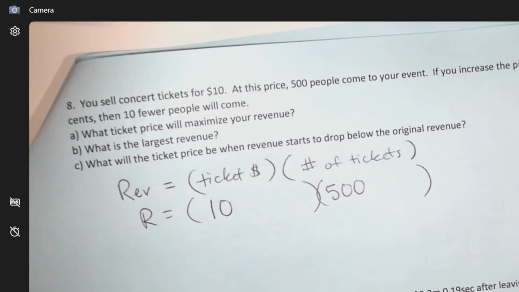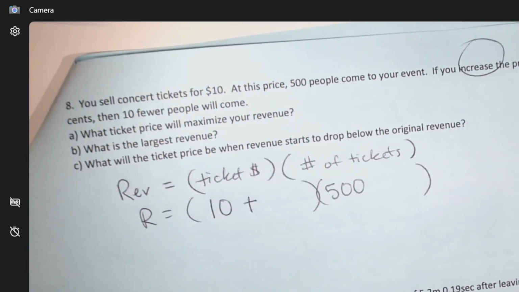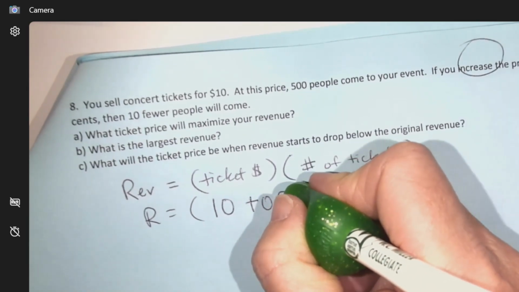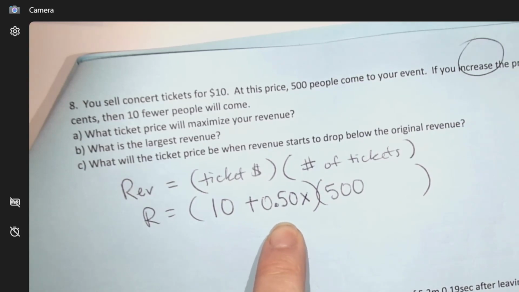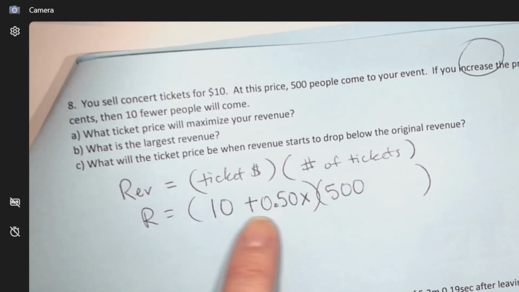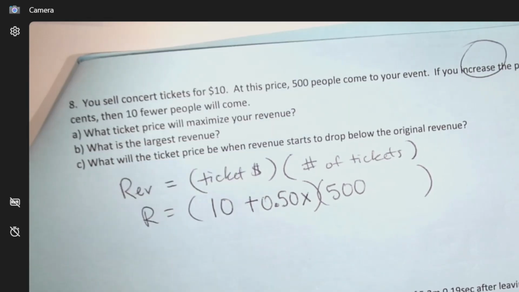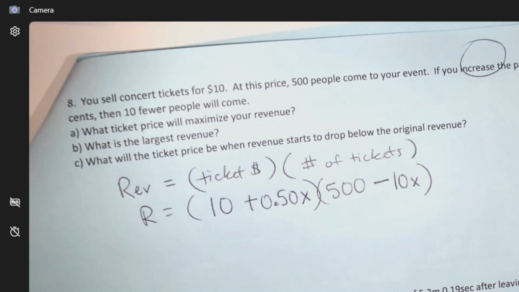If you increase the price by 50 cents, how do you write 50 cents? .5. And I don't know how many times I want to do that increase, so I'm going to put an X with it. Then 10 fewer people are going to come. So this is going to go down 10. Every time you change it, that's going to be moving.